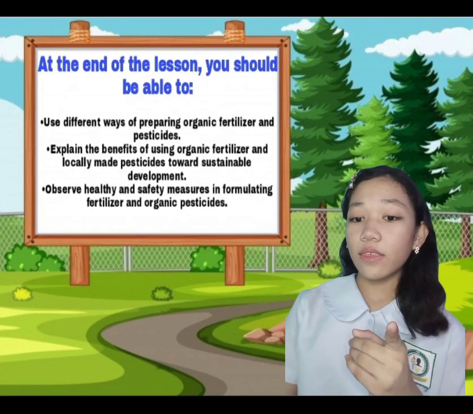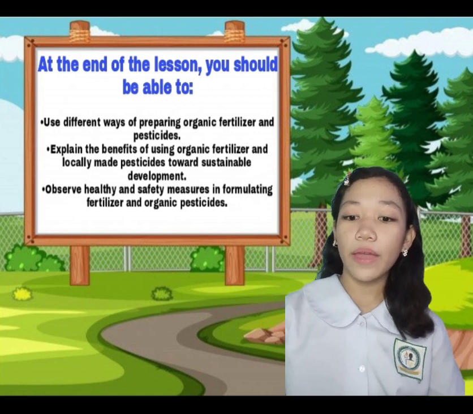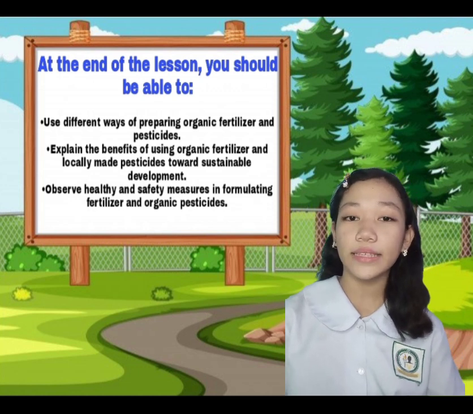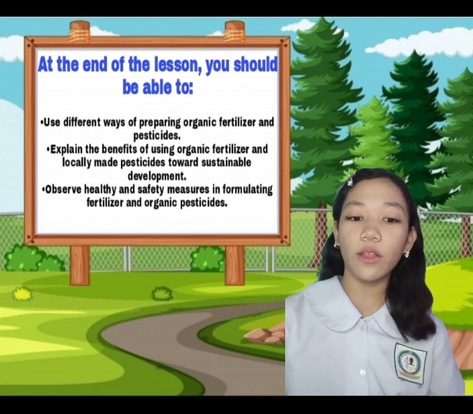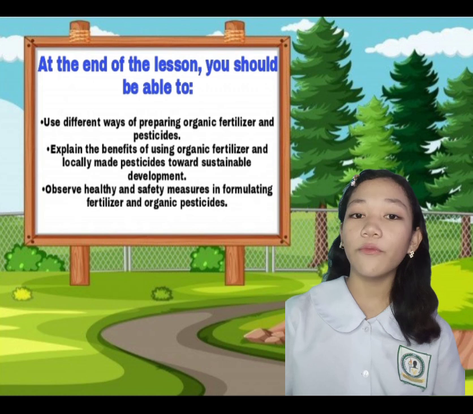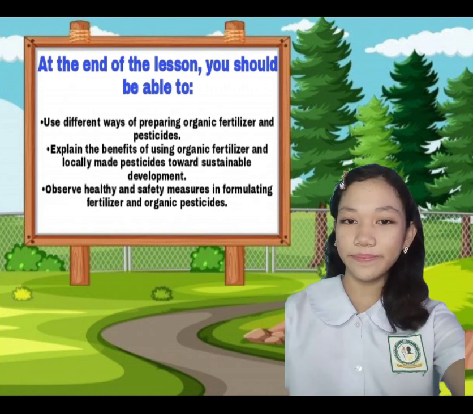At the end of the lesson, you should be able to use different ways of preparing organic fertilizer and pesticide, explain the benefits of using organic fertilizer and locally made pesticides towards sustainable development, and observe health and safety measures in formulating fertilizer and organic pesticides.